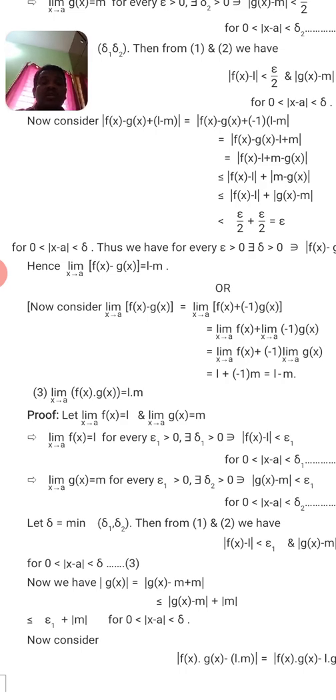That is equal to limit x tends to a of f of x plus limit x tends to a of minus 1 into g of x. On further simplification we have limit x tends to a of f of x plus minus 1 into limit x tends to a of g of x, because minus 1 is a constant. So that is equal to L plus minus 1 into m, which is equal to L minus m.